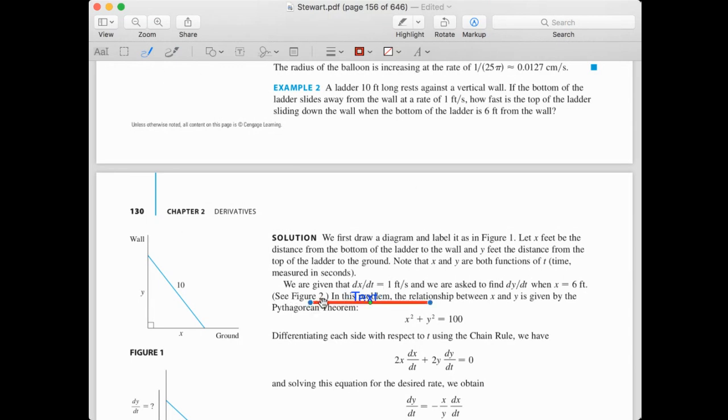So imagine this is a new ladder now, right? So now the x value is 6. From here to here is 6, from the corner to the ladder's bottom, 6 feet. So x equals 6, and also x prime is given.